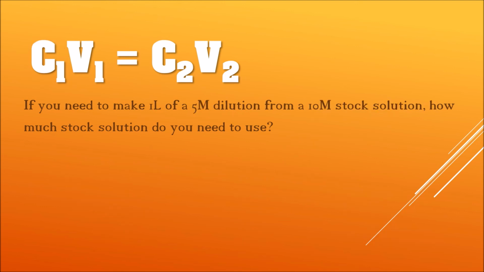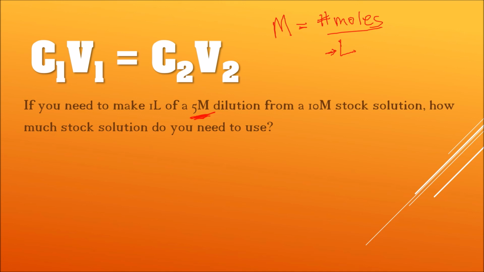All right, here's another one. If you need to make 1 liter of a 5 molar dilution, now we're going to use molarity. Remember, this is another way to write concentration. A big M after the number means the number of moles per liter of solution. Now this liter does not change.